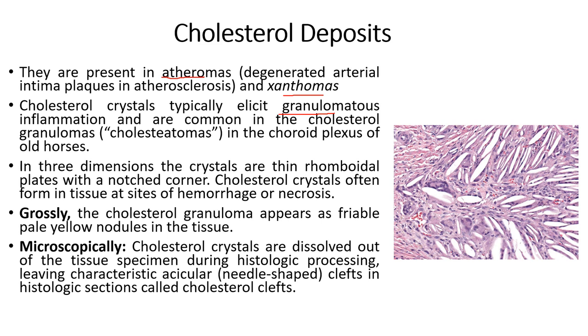If the crystals are dissolved during histological processing, it leaves a circular cleft or needle-shaped cleft inside the tissue, as you see here, and you can see aggregation of chronic inflammatory cells around the clefts here. Mostly it's macrophages and giant cells, as you see.